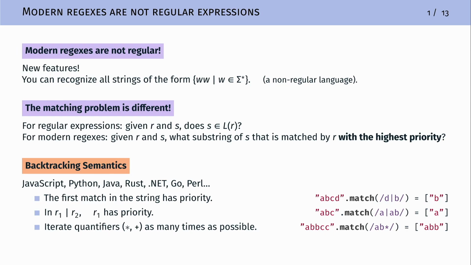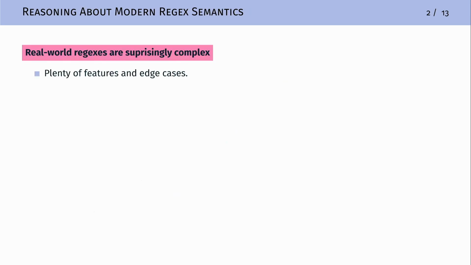Now, because of these new features and this new matching problem, modern regex semantics have become increasingly and surprisingly complex and subtle. We have plenty of features and edge cases. To make things worse, each modern regex language is different, meaning that, for instance, JavaScript regex semantics are not the same as Python regex semantics.